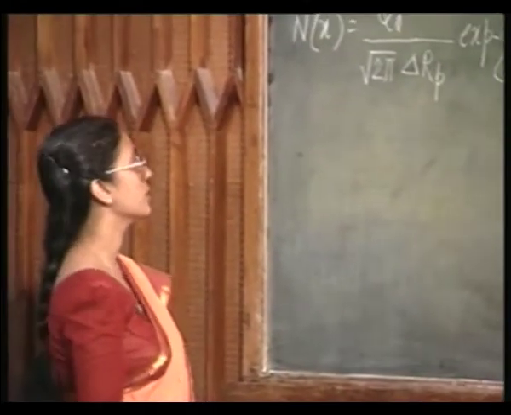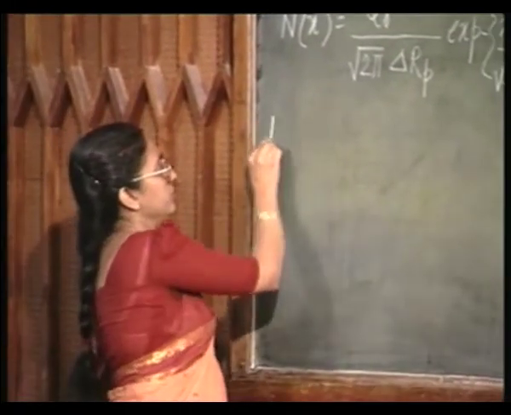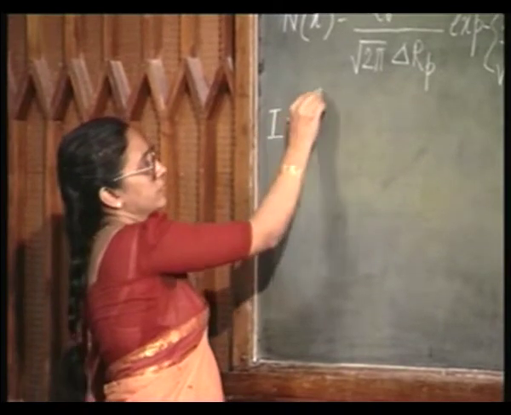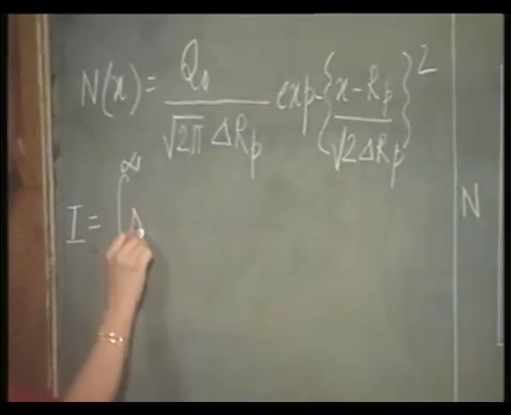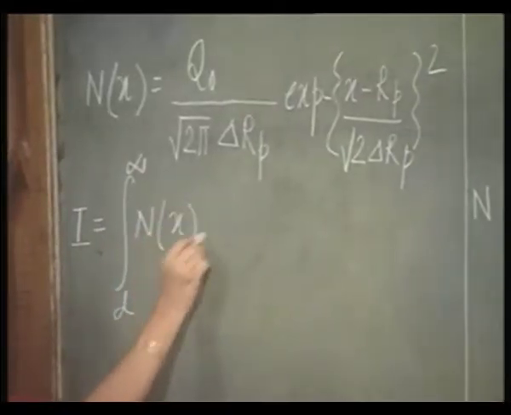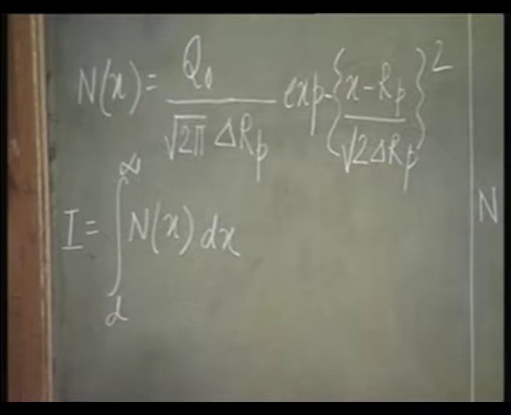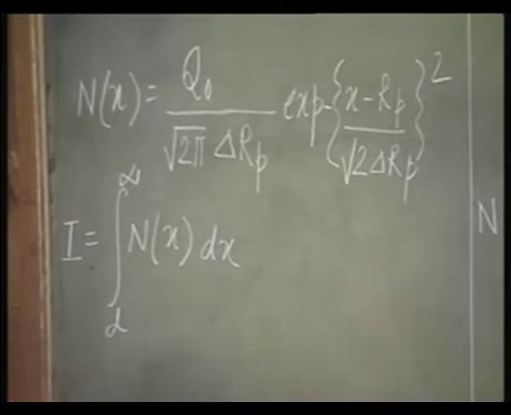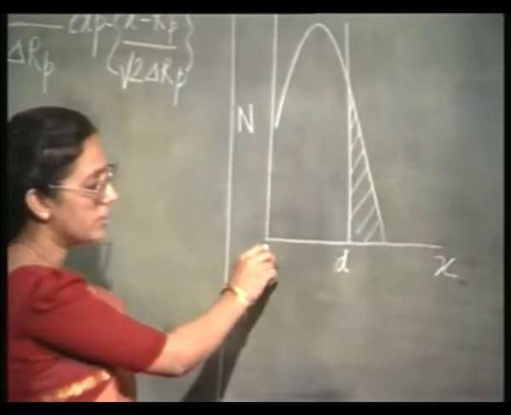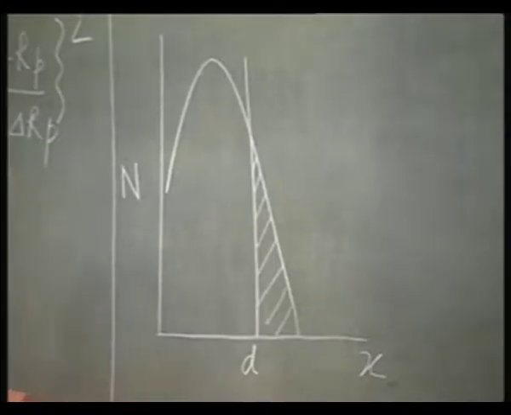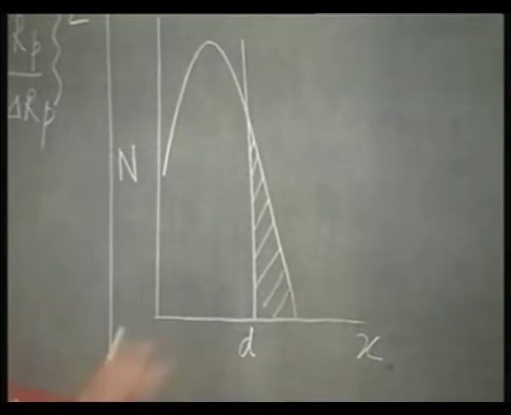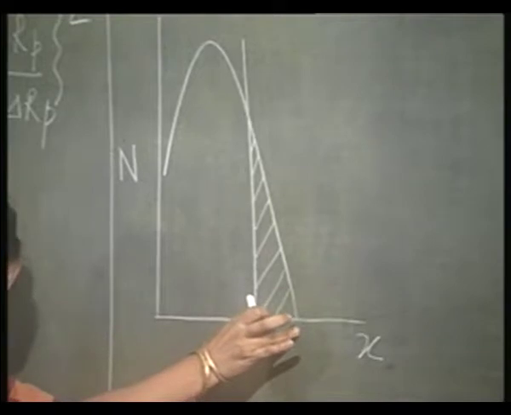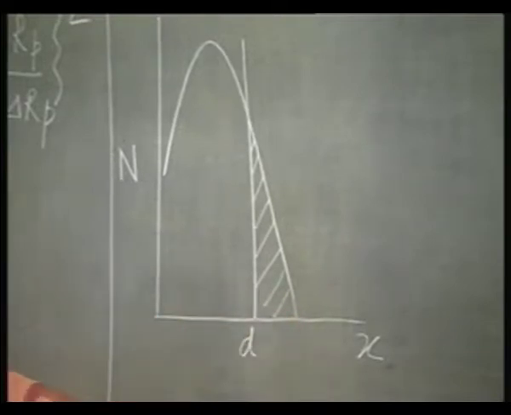This hatched region is nothing but, if I integrate from 0 to infinity, that will give me the area under this total curve. So, if I want to get only this portion, then I must integrate from d to infinity.